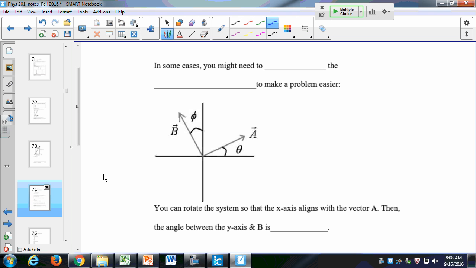So since you can choose your coordinate system in any way, we can choose our coordinate system to line up like that, so that we can rotate our coordinate systems so that the axis actually falls onto the vector. No need to sweat that right now. We'll see it again with the inclined plane in chapter 4, where we'll actually rotate it, and I think it'll make more sense then. So let's not worry about the theta and the phi stuff that's written there, the angle.